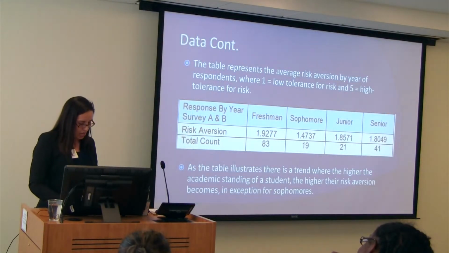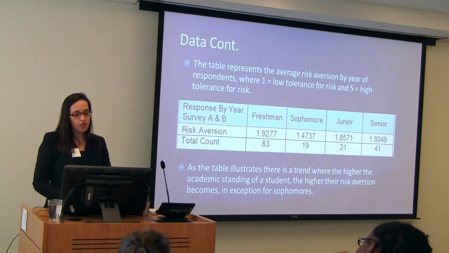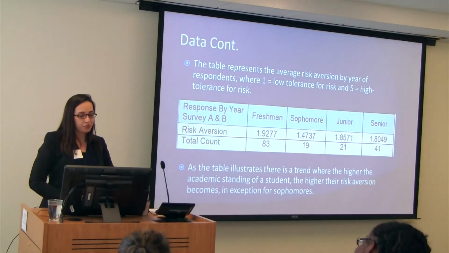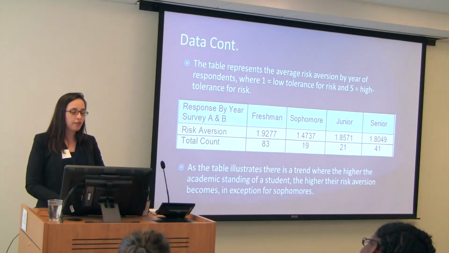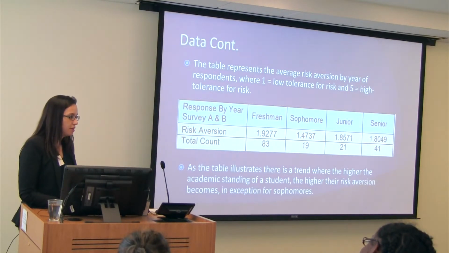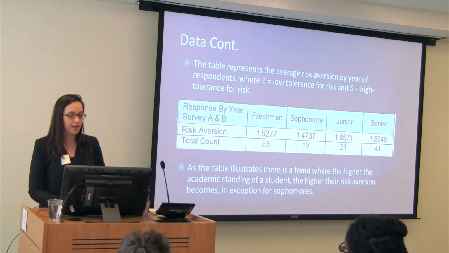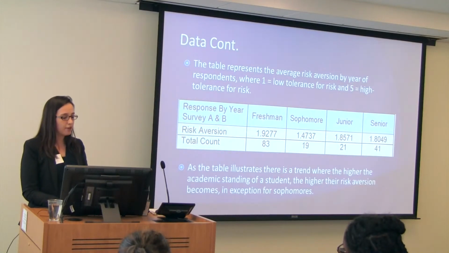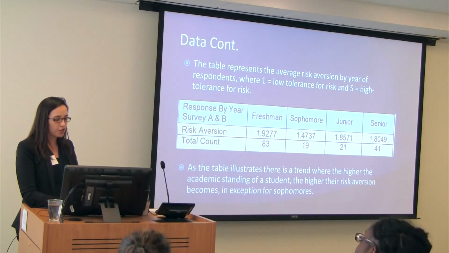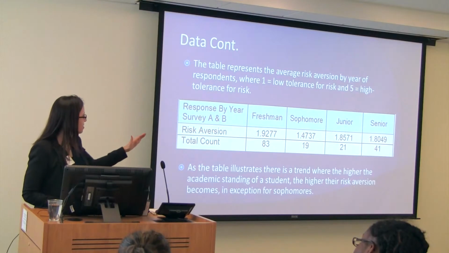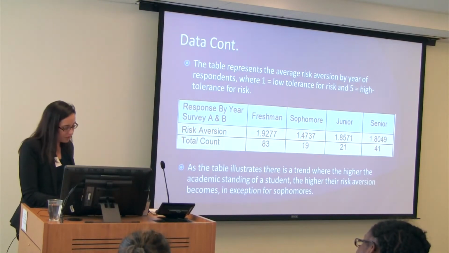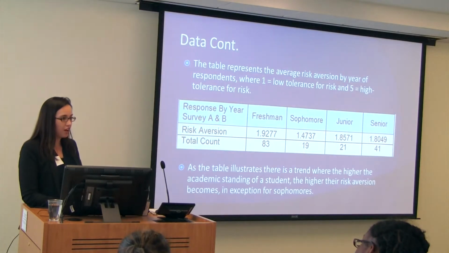So when we're looking into risk aversion, if you have a low tolerance for risk, you'd be qualified as a 1. If you have a high tolerance for risk, you'd be qualified as a 5. And we did an average to find out, and sophomores did not fit that nice trend of decreasing risk aversion because 1/3 of sophomores are actually honor students.